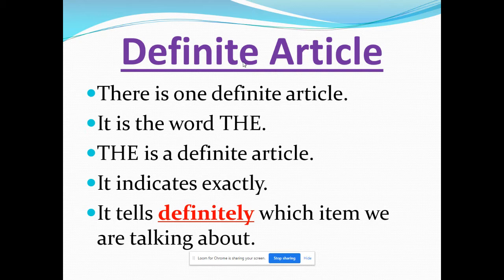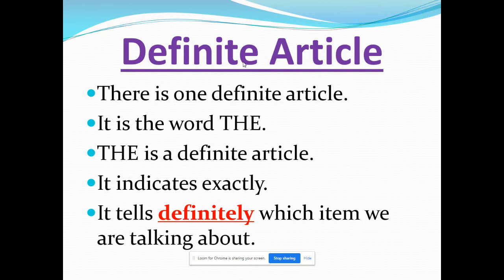The definite article, the first one that we're talking about, there is one definite article only. In this case, it is the word the. Okay, the one that we use, like I said, almost every day. Like when we say the book, the computer, the house, the car, for example. So the only definite article is the word the.